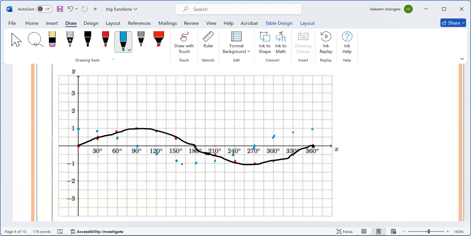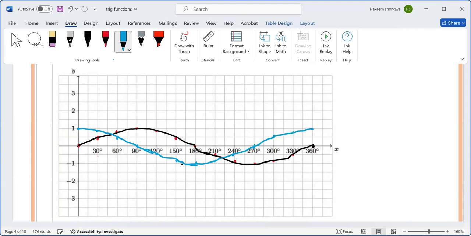So you can see these dots as they follow each other. We're going to go from dot number 1, dot number 2, dot number 3, dot number 4, dot number 5, dot number 6, dot number 7, dot number 8, dot number 9, 10, 11, 12, 13, 14.